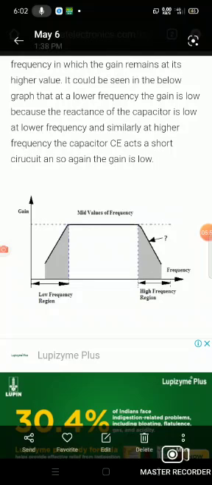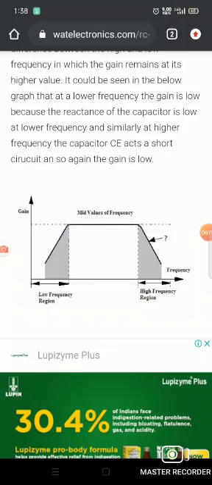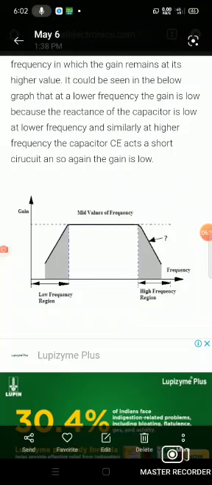Finally, this response depends upon the coupling method or coupling network considered in the amplifier circuit. That coupling network is arranged at the output terminal, that is the collector terminal in the CE amplifier circuit.